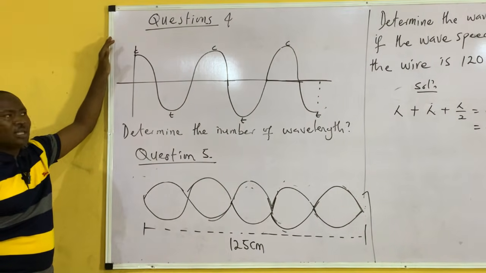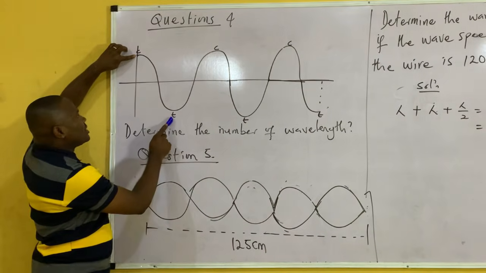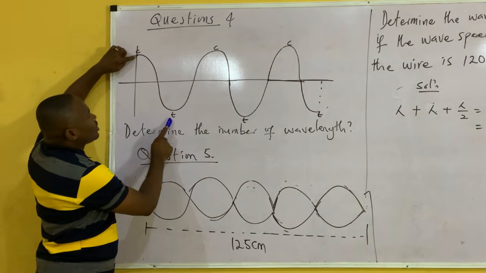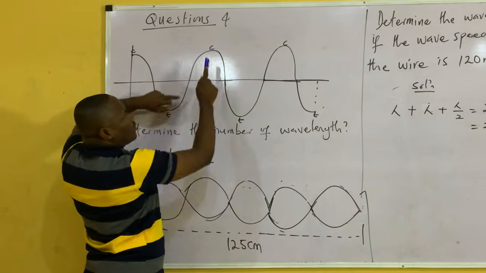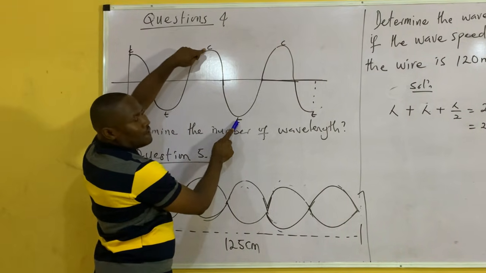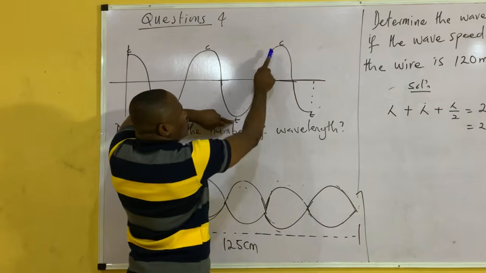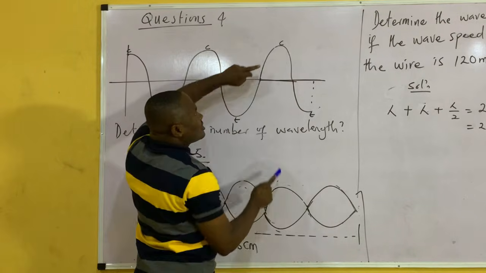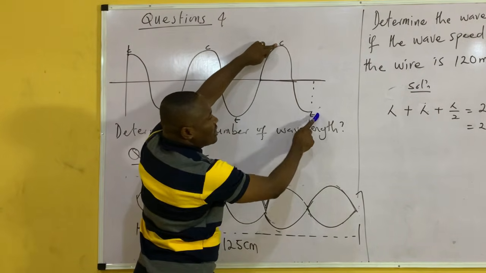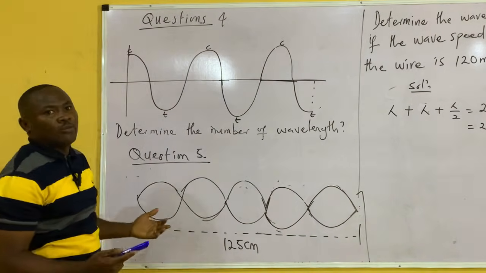Another way you could say it is this: crest to trough is half a wavelength. Trough to crest is another half a wavelength. Crest to trough is half a wavelength, another trough to crest is half a wavelength, and another crest to trough is half a wavelength. So how many half wavelengths do we have?